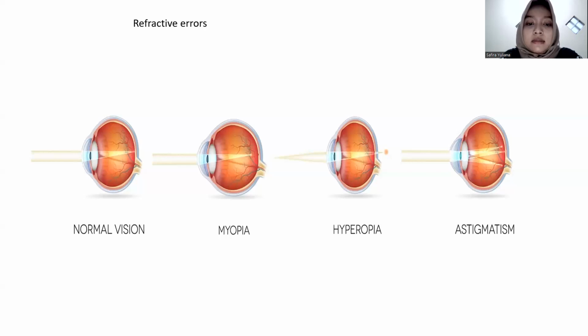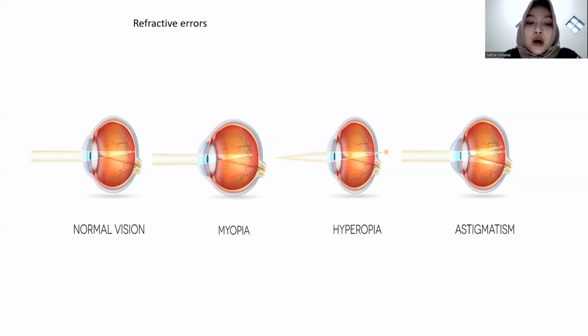There is also nothing you can do to prevent your child from being born with a refractive error. Refractive errors are extremely common. Around 2.3 billion people globally have one or more refractive errors affecting their sight.